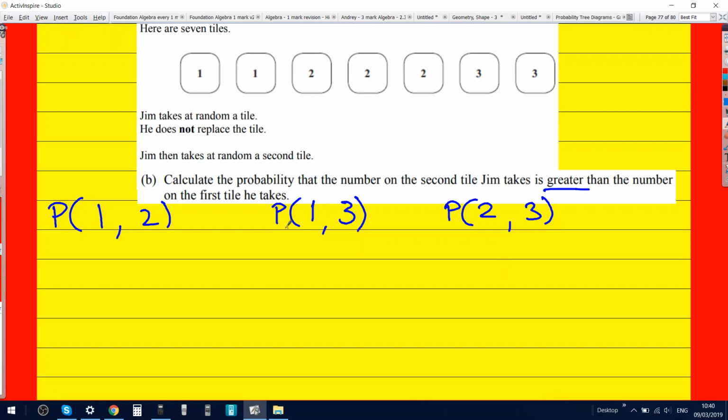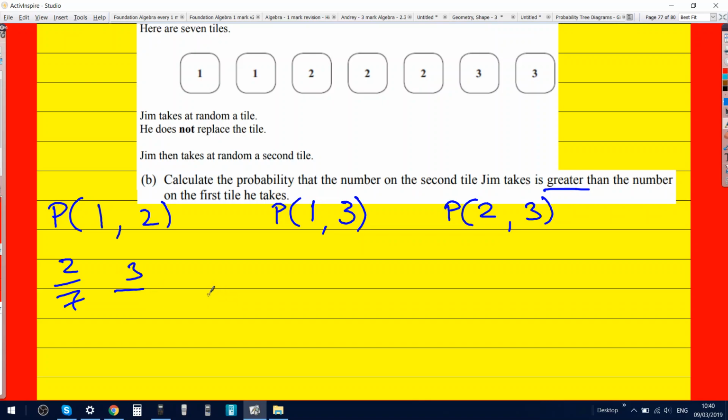Yeah. It is. Okay. Probability of a 1 then a 2. So the probability of it being a 1 is 2 over 7. Yeah. And then the probability of it being a 2 is 3 over 7. Not over 7 anymore.